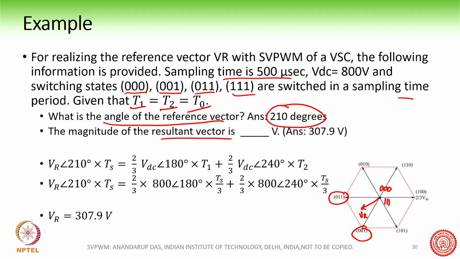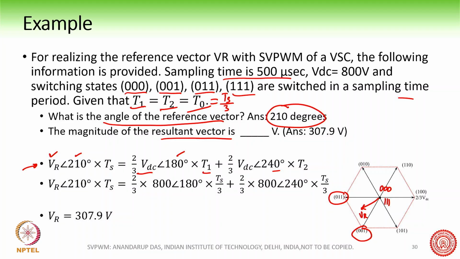The magnitude of the resultant vector, how much is it? We have found the angle, now we can find the magnitude. We can put it into this equation: VR at an angle of 210 degrees equals 2/3 VDC at an angle of 180 degrees into T1, plus the other vector into T2. But T1 and T2 are equal, and must be equal to TS by 3.